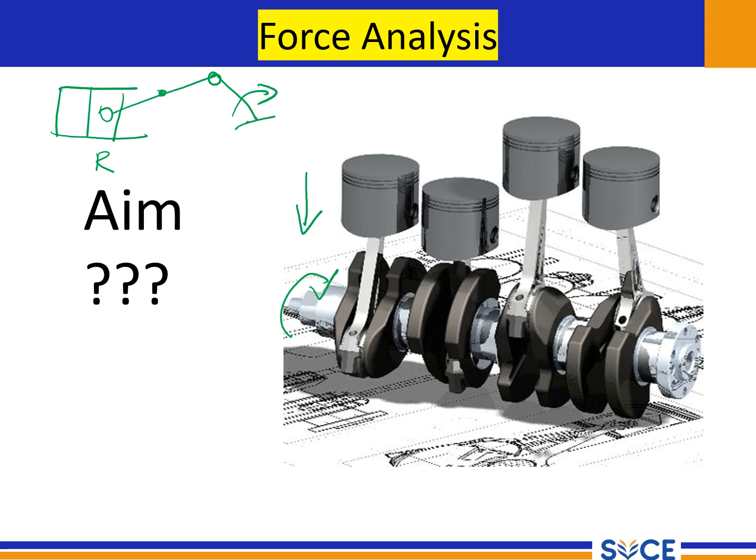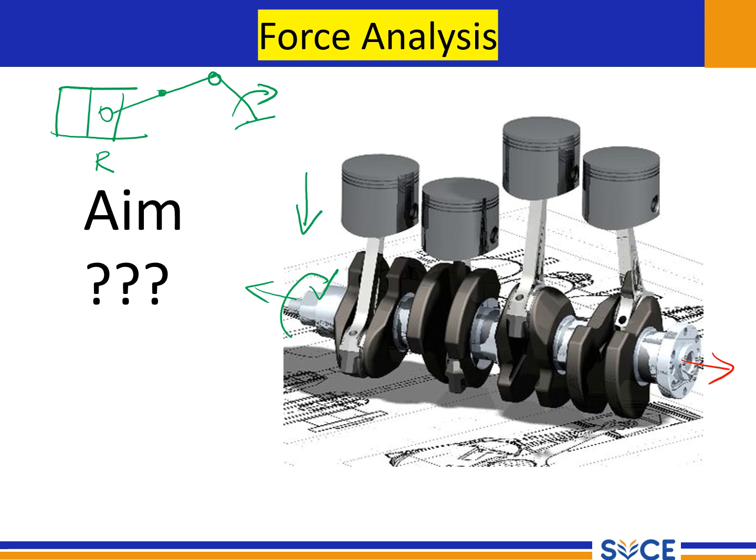So our objective is to identify these forces. What is the purpose of these forces? Since this is an IC engine, there are different kinds of IC engines. There are two stroke engines, four stroke engines, single cylinder engines, four cylinder engines, truck engines, and aeroplane engines.